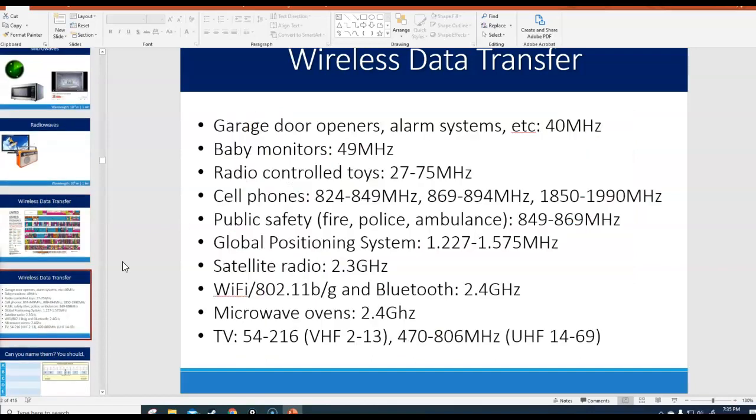For example, an alarm system or a garage door opener where you press a button and your garage door opens, we use somewhere around 40 megahertz for those devices. Baby monitors, around 49 megahertz. Radio-controlled cars, somewhere between 27 and 75 megahertz. And so we have different parts of the EM spectrum blocked out for different applications.